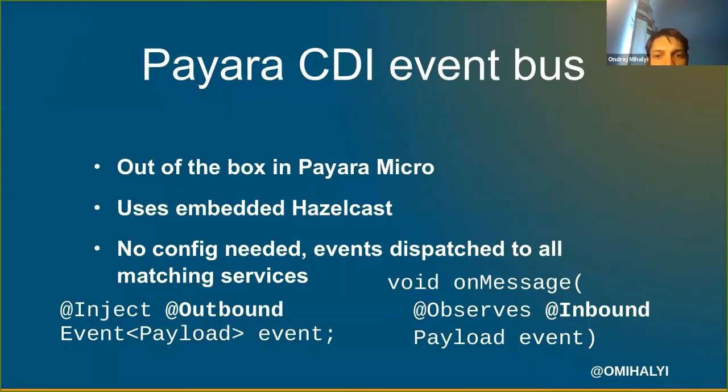It just has to be the same type of event and the same qualifiers, and obviously if it's going to be transferred over the network, it has to be serializable.